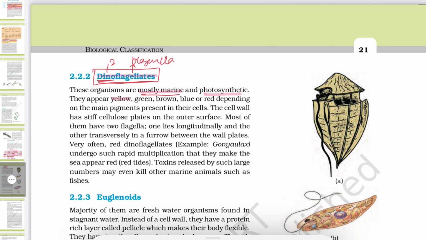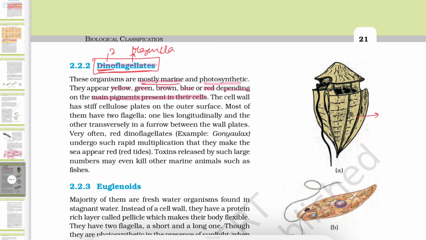Now they appear yellow, green, brown, blue or red depending on the main pigment present in their cell wall. Depending on the pigments, their color may vary. The cell wall has stiff cellulose plates on its outer surface.